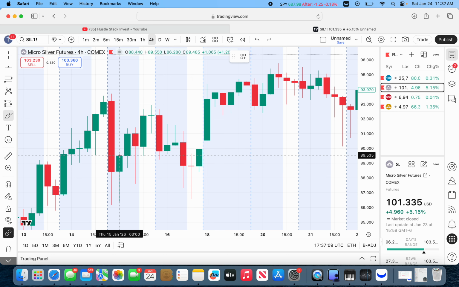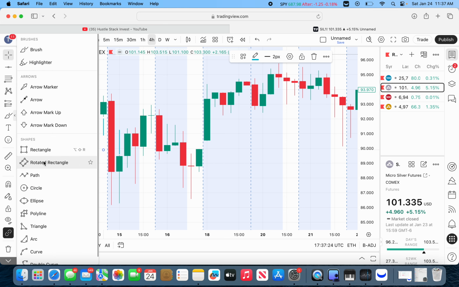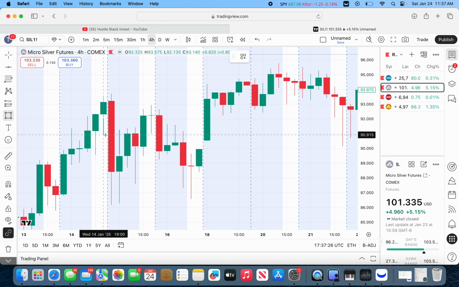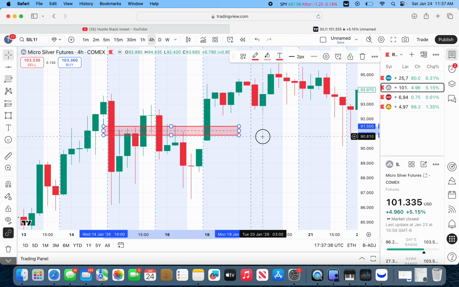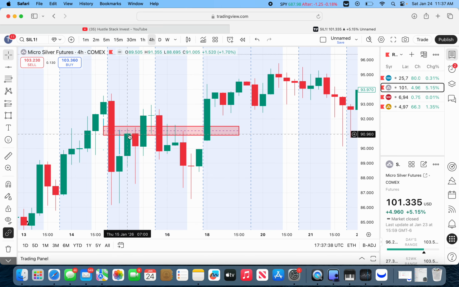So this third candle will be like this, and then this first candle will be similar to this. Right here, the end of this first candle and the beginning of this third candle, it wouldn't even be a gap anymore, right?